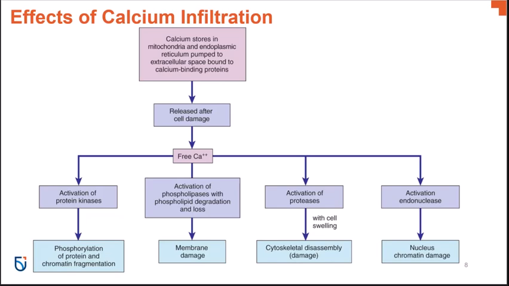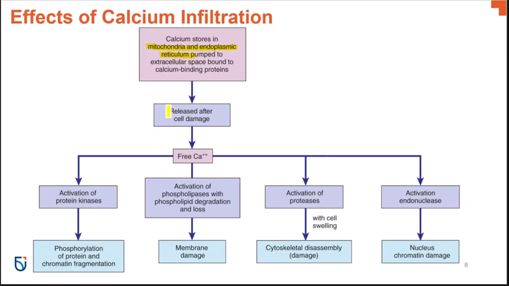But in an injured state, calcium is going to be released from organelles such as the endoplasmic reticulum and the mitochondria. So again, with cellular damage, calcium is released from the mitochondria and the endoplasmic reticulum, and it can infiltrate the cell from outside of the cell as well.